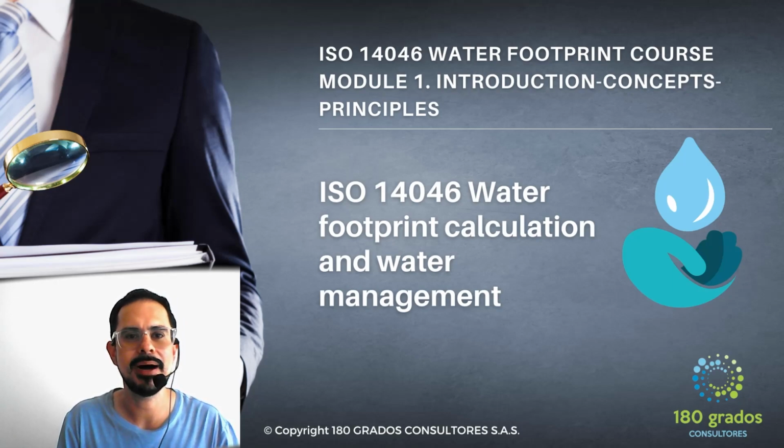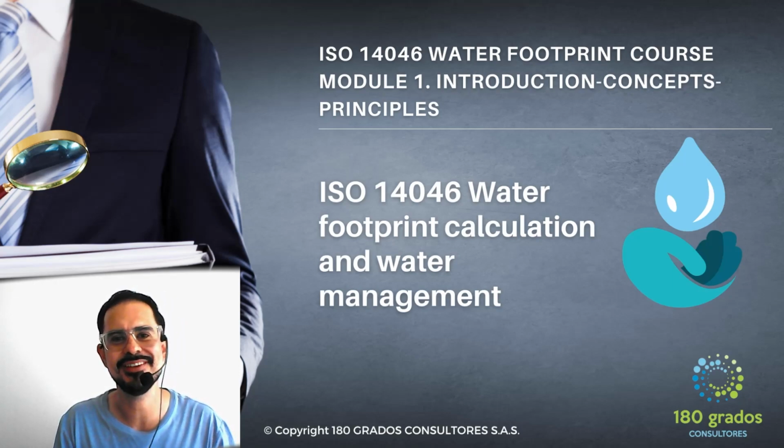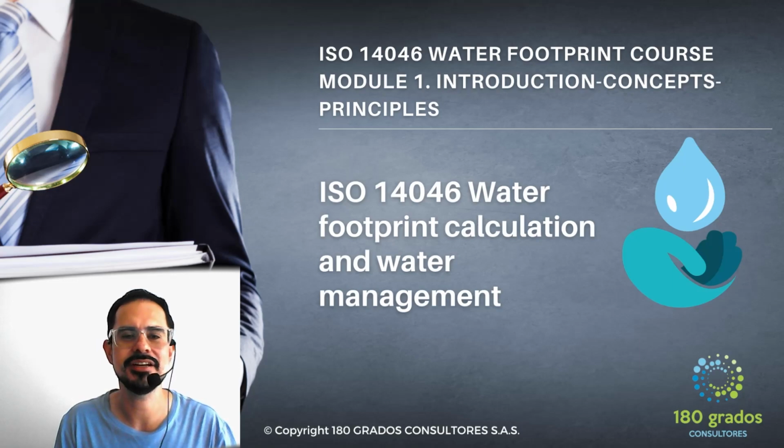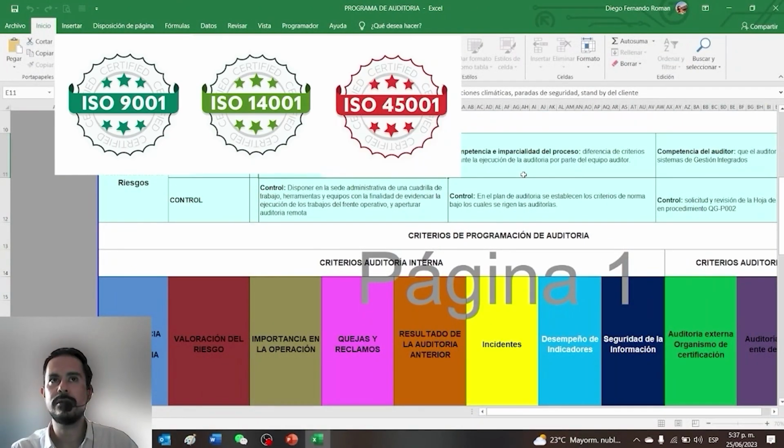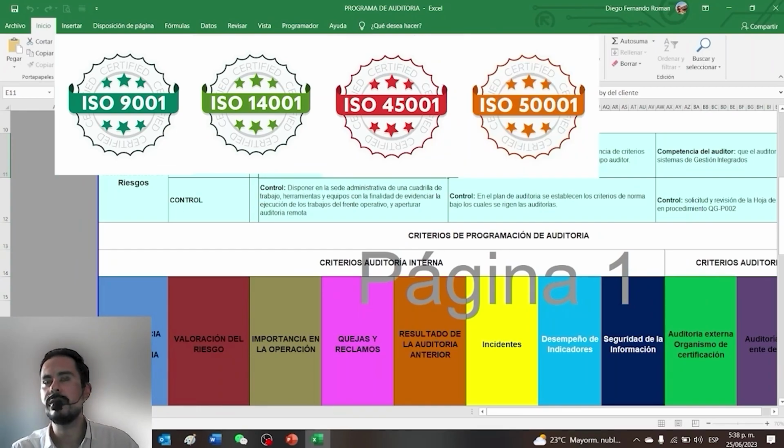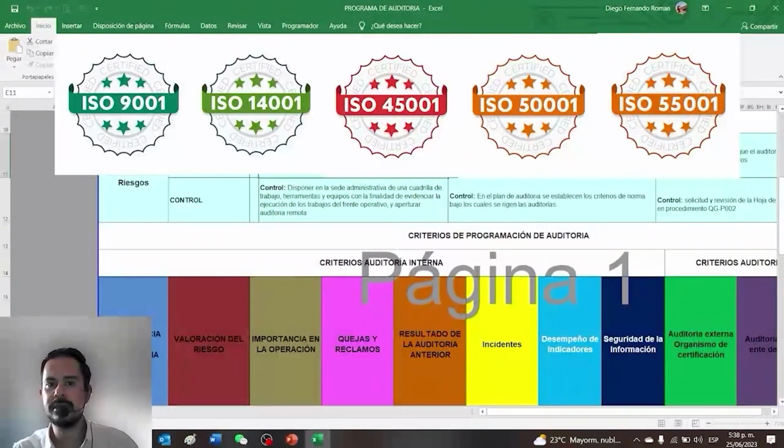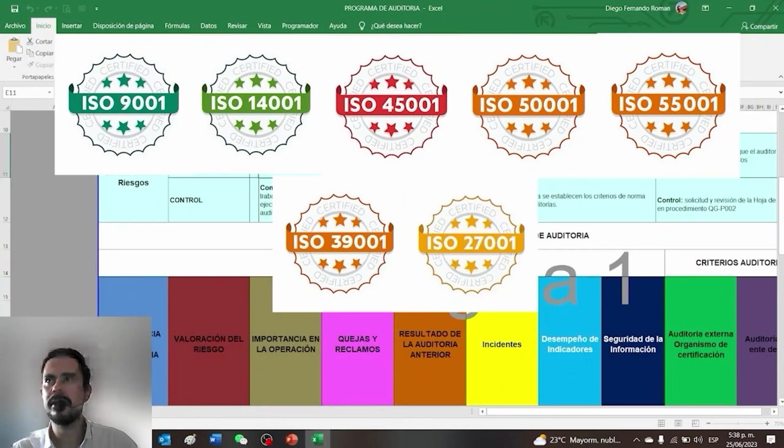Okay? But before we dive in, let me introduce myself. I am Diego Fernando Roman. I am an electrical engineer, occupational health specialist, MBA, and experienced auditor in management systems. My expertise lies in energy efficiency, sustainability, and management systems.